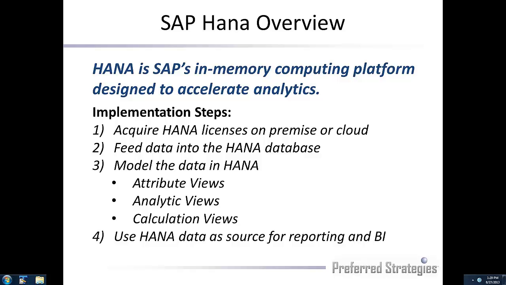So this is in essence HANA's in-memory database that you throw the data in it and you model it within HANA, and then you can basically report on that, and it's lightning fast. So that's kind of what HANA is.